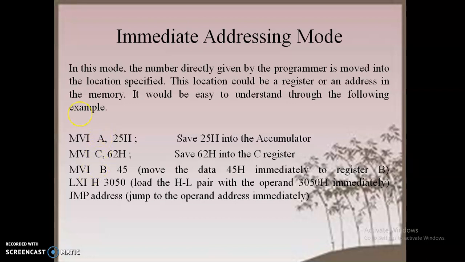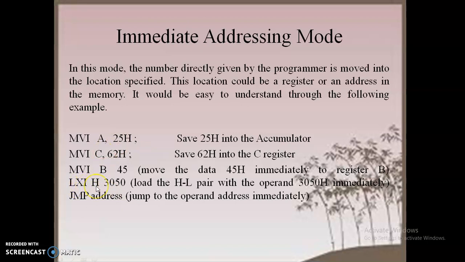In the second example, the value given by the programmer during execution is 62. That value is stored in the general purpose register C. In the third example, the value directly given is 45. That value is stored in register B. In the last example, LXI H: load immediate.